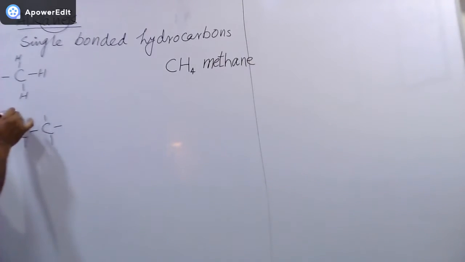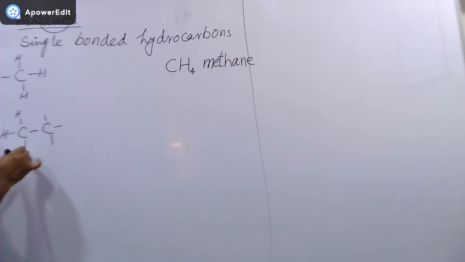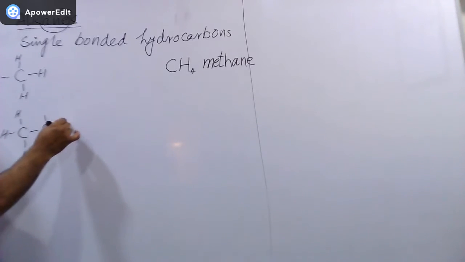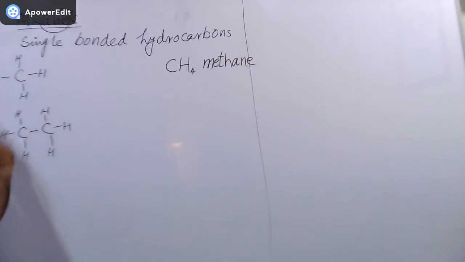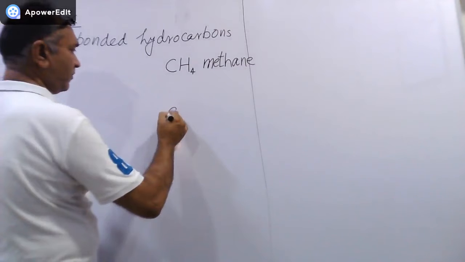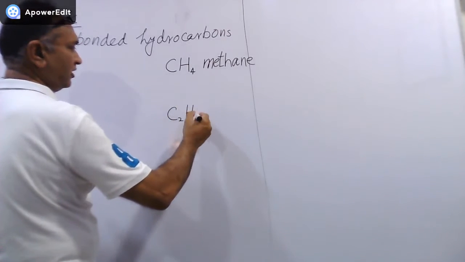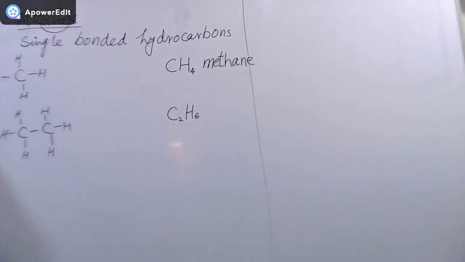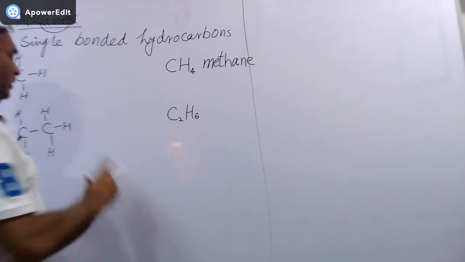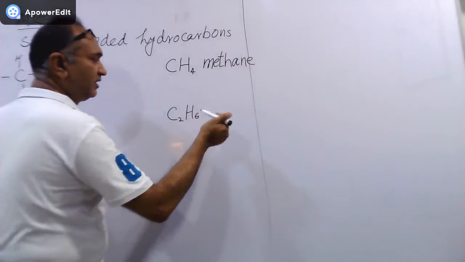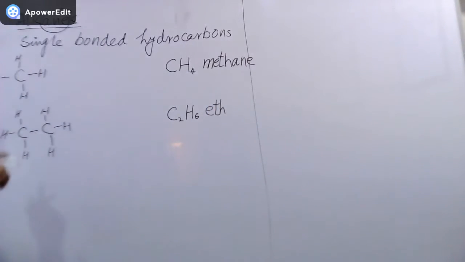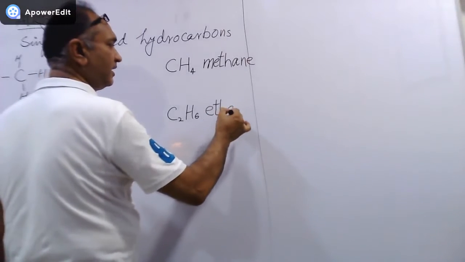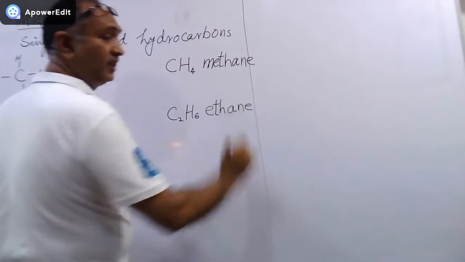Now, as these are hydrocarbons, we write H. How many carbons? 2. How many hydrogens? 6. So it will become C2H6. What is the prefix for 2 carbons? Eth. Only single bonds are here, so we write ane. So it will become ethane.